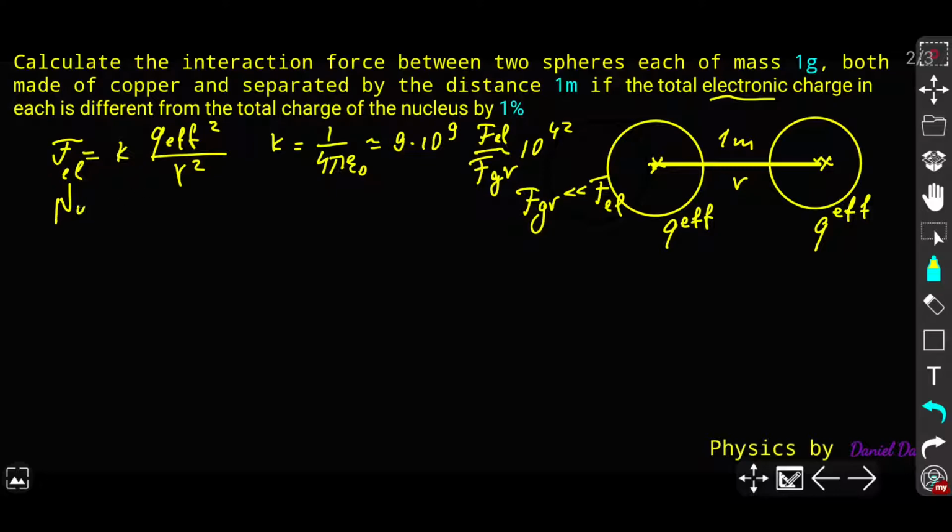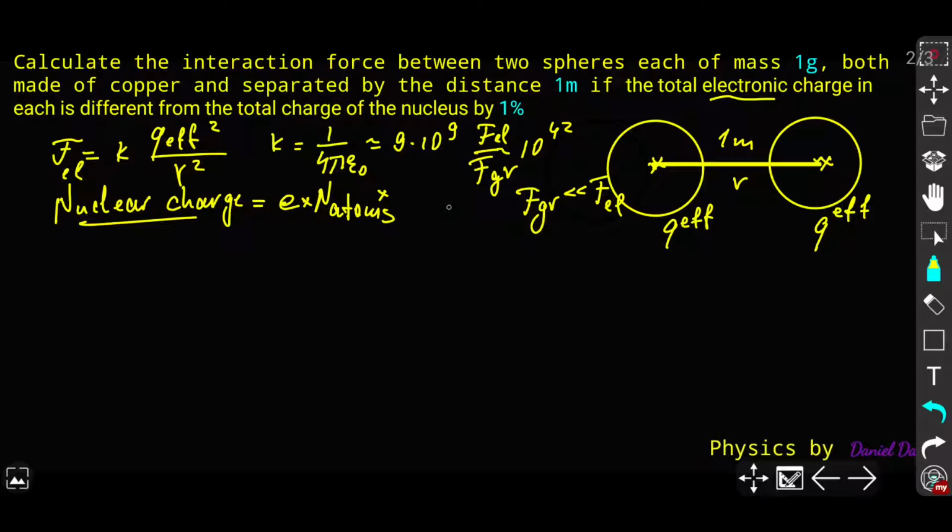The nuclear charge can be calculated through the total number of atoms times the elementary charge, so that's basically for each proton inside the nucleus.